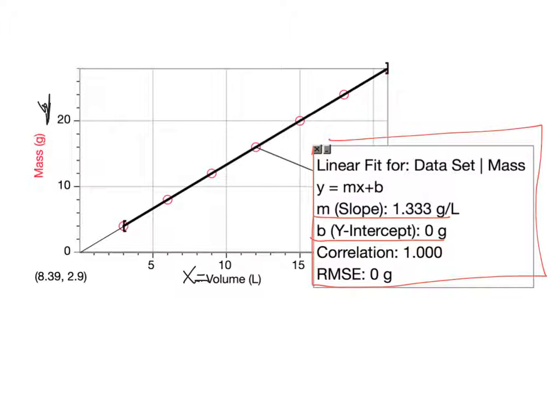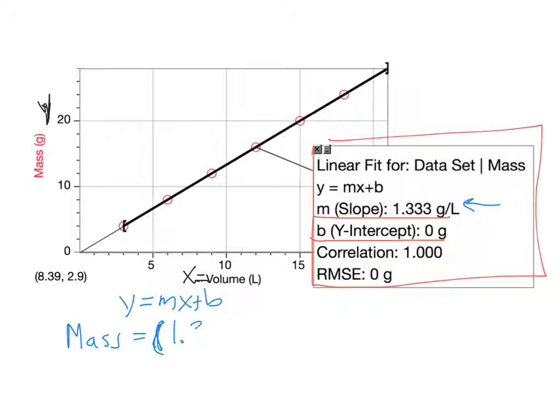Okay, so let's begin. Y equals mx plus b. Okay, so what's our y? Looks like we've got mass as our y. What's our m? It's our slope.